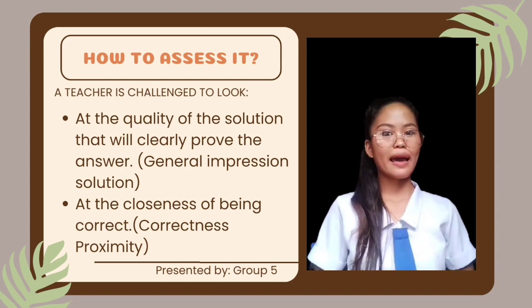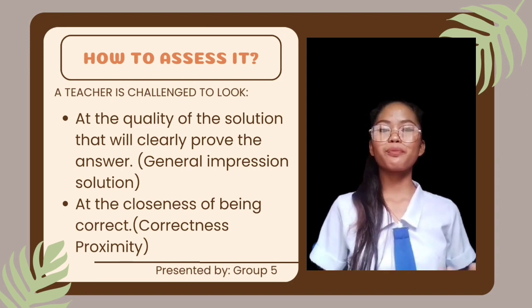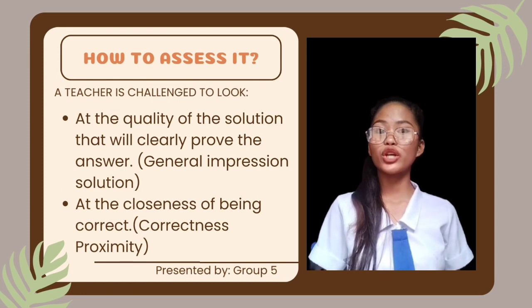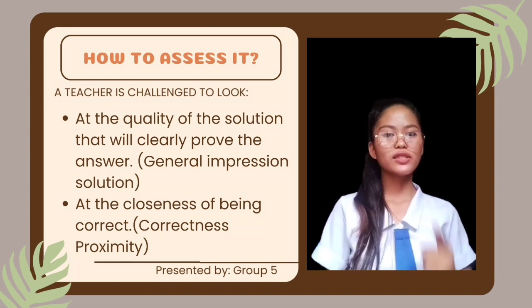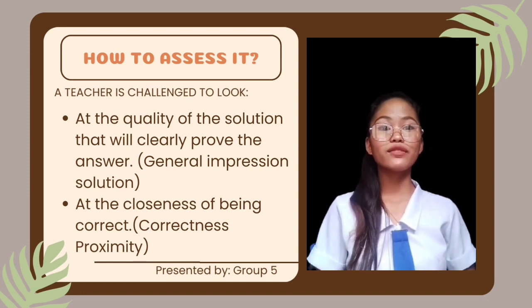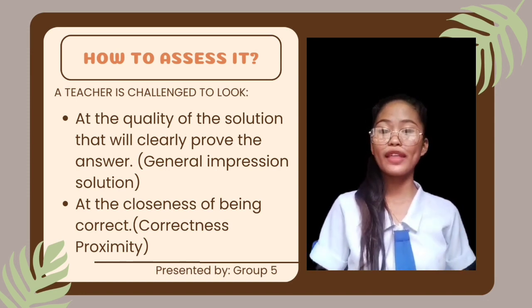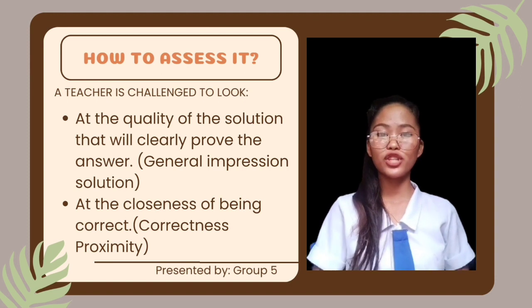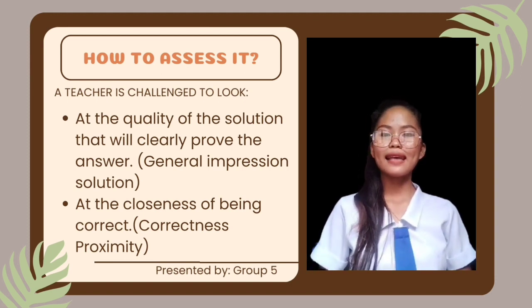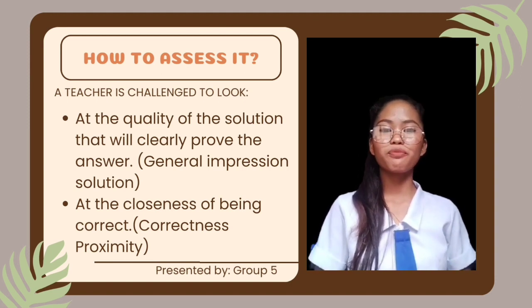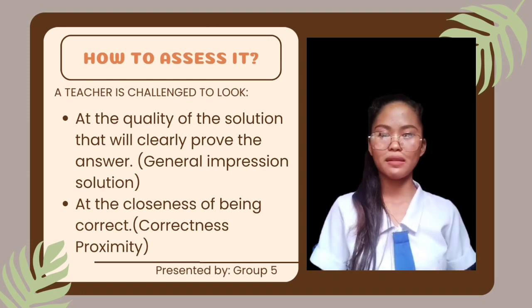What does it imply? It means that a problem-solving solution can be considered correct if it possesses the following. First, there is the quality of the solution that will clearly prove the answer, or the general impression solution. Second, there is the closeness of being correct, or the correctness proximity.